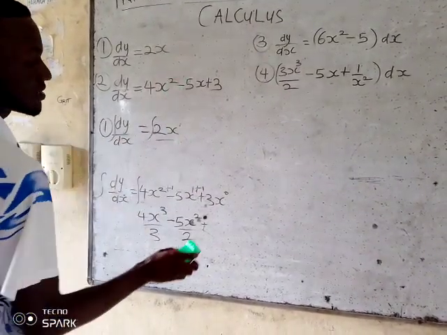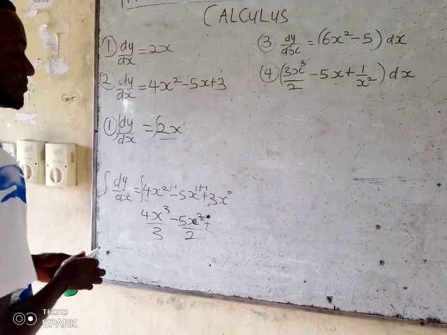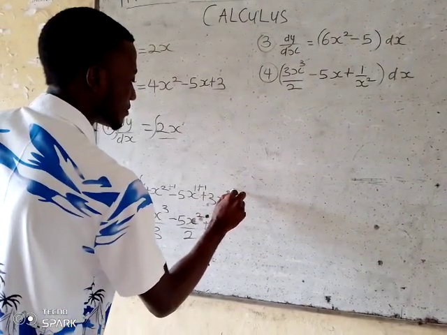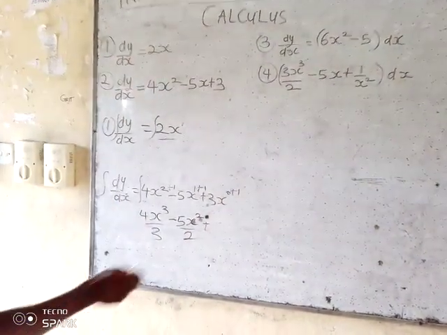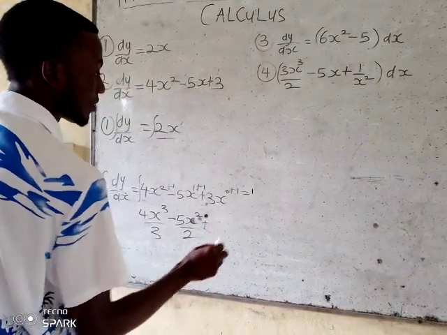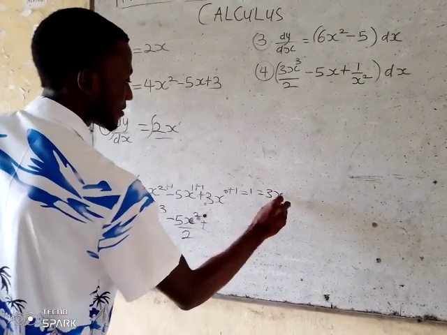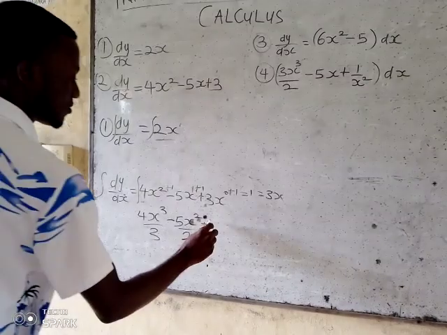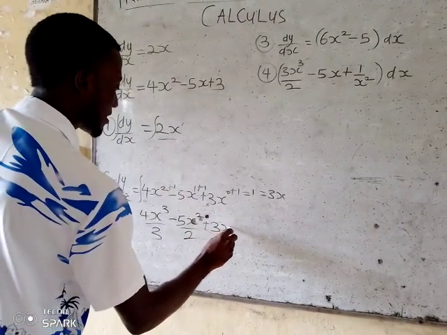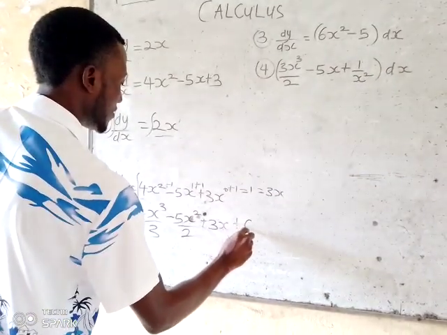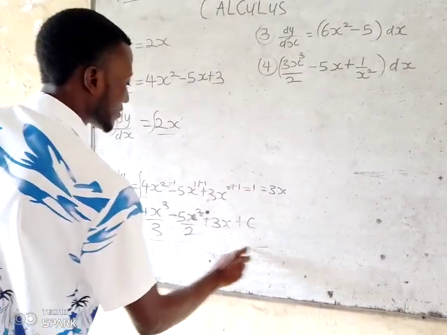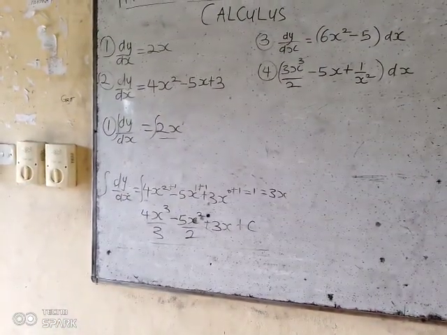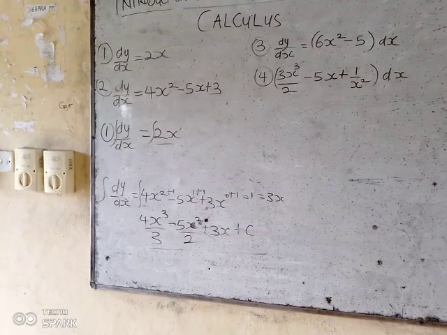Assuming that this is 3s raised to the power of 0, adding 1 to that power will give you 1. That is equal to 3s. So adding 3s plus the constant of integration will give you the final solution for this integration. I hope you are getting it.